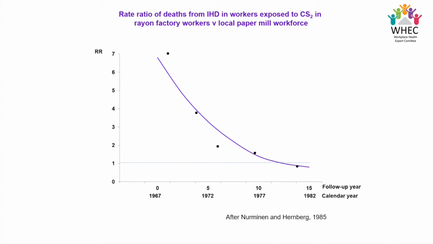Now, in addition to the reduction in the levels of exposure, they excluded all men with risk factors such as hypertension from working in this rayon factory. So it is difficult to be clear which of these two, the environmental exposure or excluding men considered to be susceptible to ischemic heart disease from the factory, was the more effective. But a combination of these two reduced the increased risk of dying from ischemic heart disease and can be considered as an effective intervention.